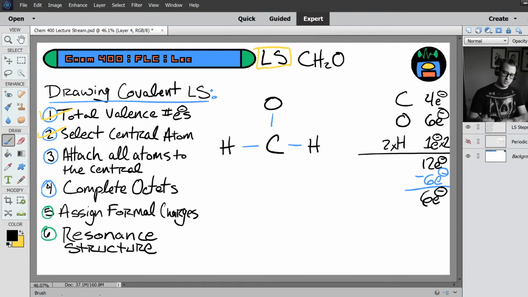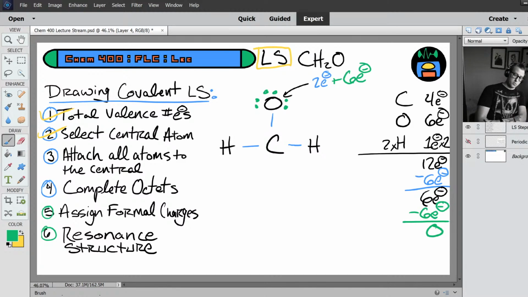It only wants to have 2 electrons because its nearest noble gas is helium. But oxygen and carbon still have needs. Right now, oxygen has access to 2 electrons. It needs 8. So we're going to add 1, 2, 3, 4, 5, 6 electrons in the form of lone pairs. That is going to bottom out our budget. We have no more electrons to spend.